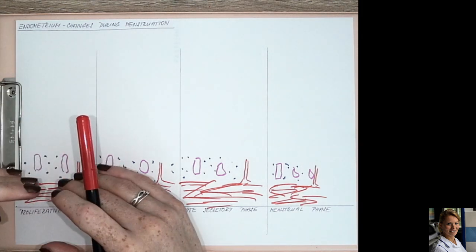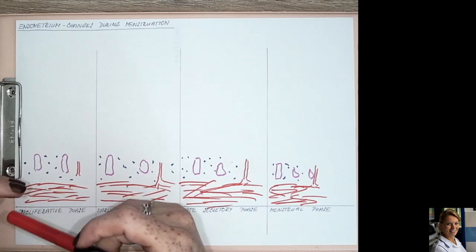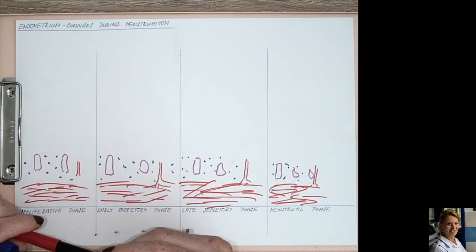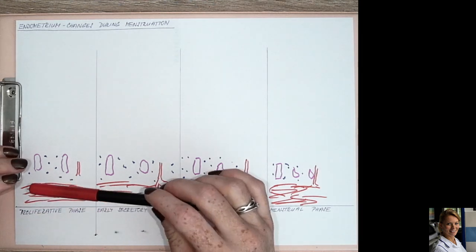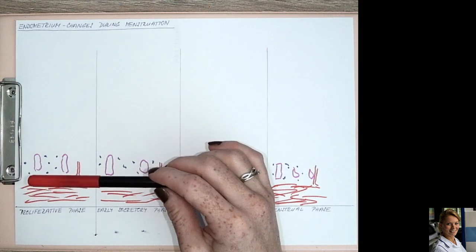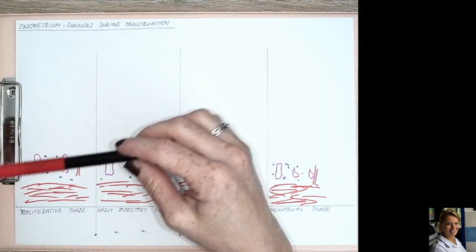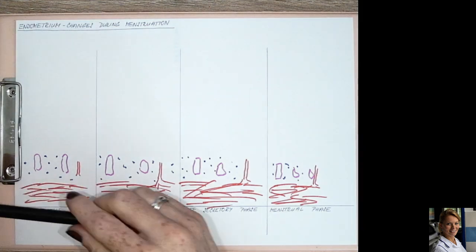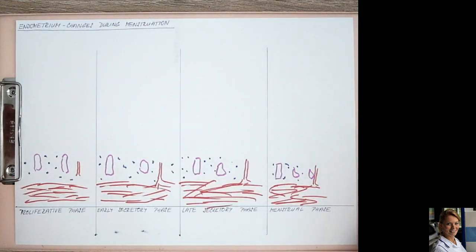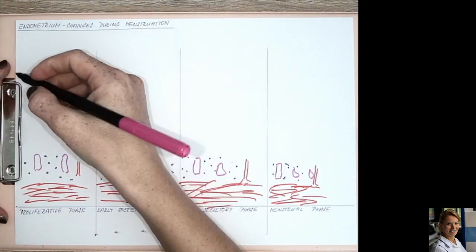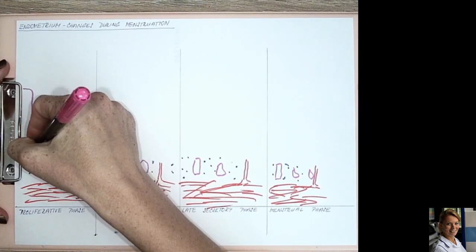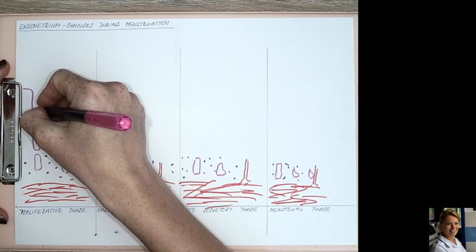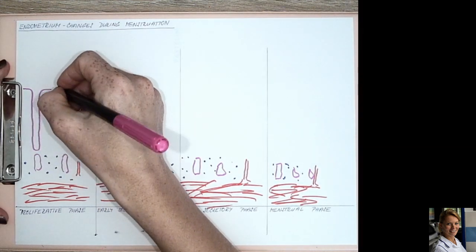So in the proliferative phase, under the influence of increased levels of ovarian estrogen, the stratum functionalis increased in thickness, and the uterine glands elongate and follow a straight course to the surface. So the uterine glands are narrow, straight.